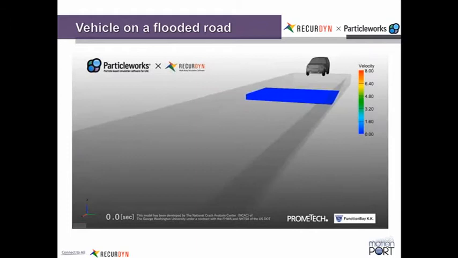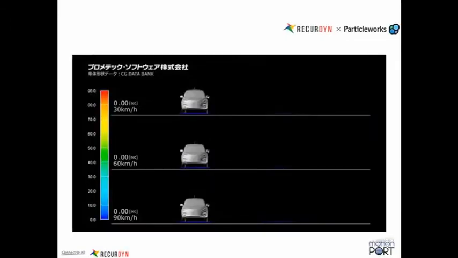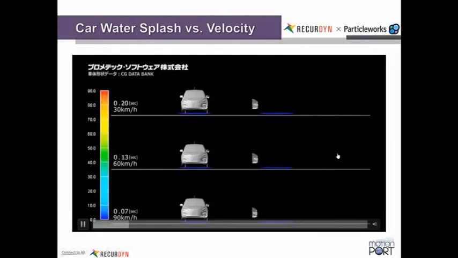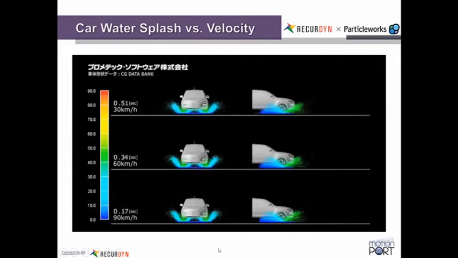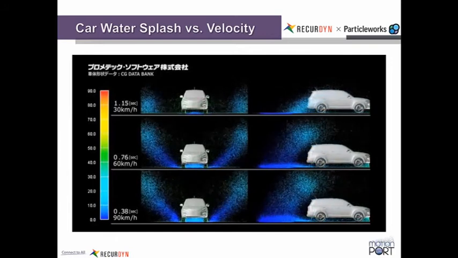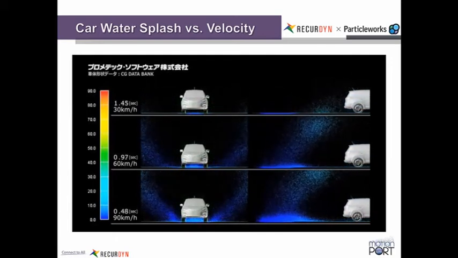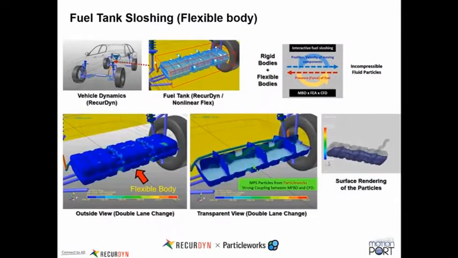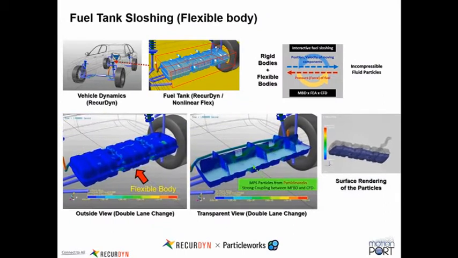Therefore, to understand where water may be going in the vehicle is very important. So this animation here is showing a different splash, but it's showing, as a function of velocity, the difference in behavior between all those things.